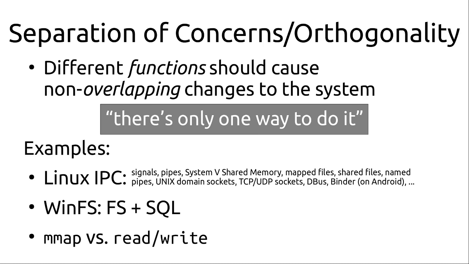We have a little microcosm of that on POSIX systems. So mmap is a call where you can memory map a file and access it using load and store instructions, right? So it gets placed into virtual memory. Read and write, additionally, read and write from a file. But of course they use system calls to do so, right? So how do read and write that are reading and writing to a file interact with mmap, where you are loading and storing directly to that file?